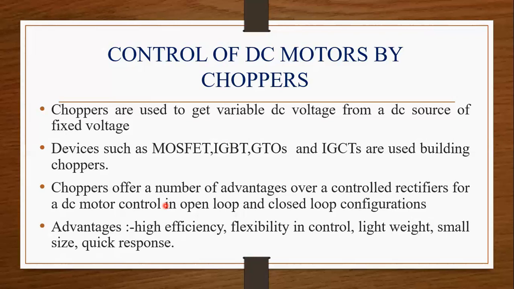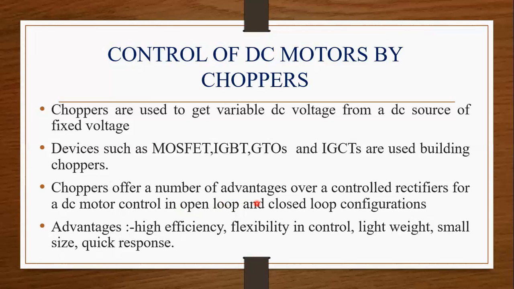The operation at high frequency improves the motor performance by reducing the current ripples. You know the relation that the ripple current delta IL is inversely proportional to the frequency.